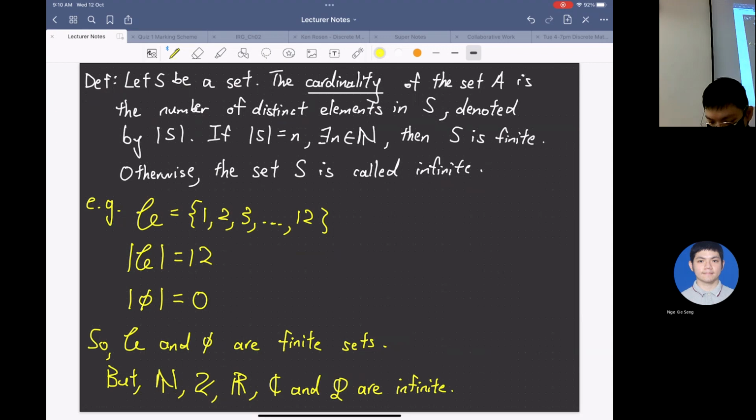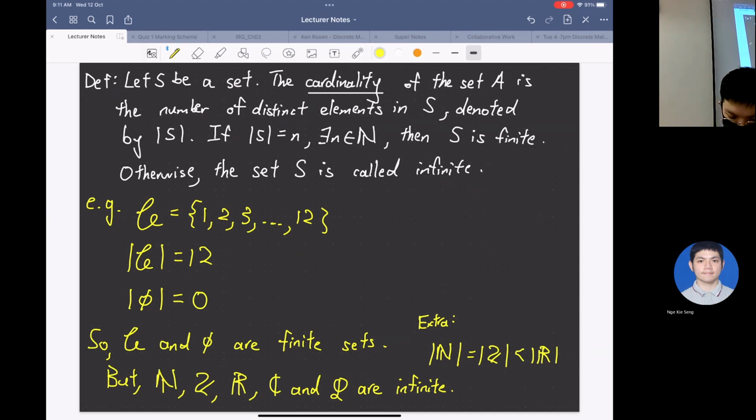Actually, inside infinite sets they still have an order. This is some extra material that I won't cover in this course yet. This one is larger. Just for your information.